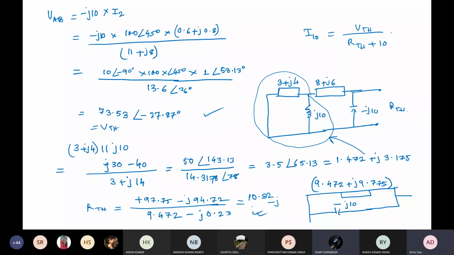Your VTH you got 73.53 angle minus 27.8 divided by RTH, which is 9.472 minus j, and then plus 10. So it is 19.472 minus j. So again you convert this, 17.53 angle minus 27.87.